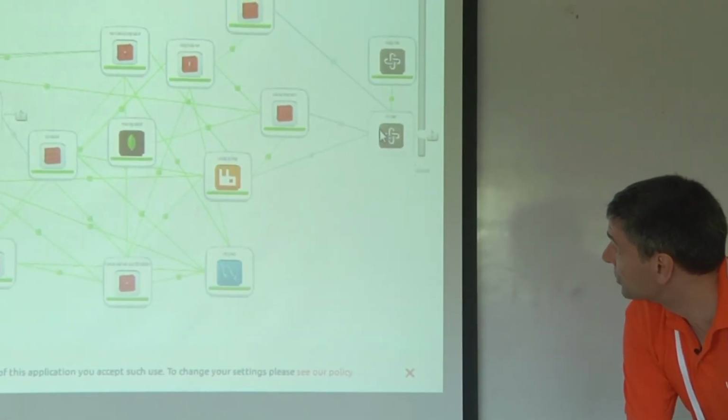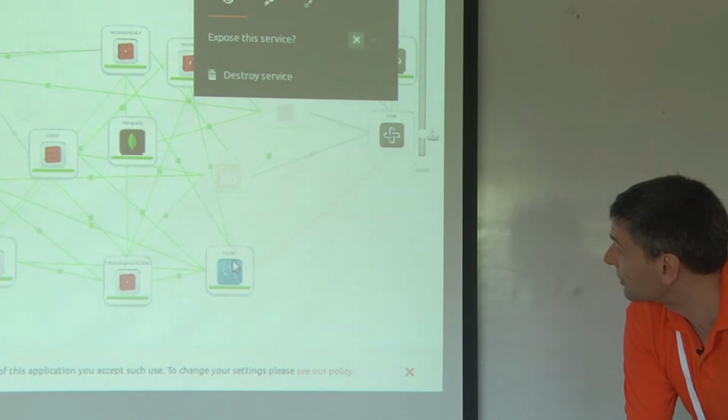And if I want to monitor more services, the only thing I have to do is this. Build relationships with all the other services. Oh, doesn't work on that one.